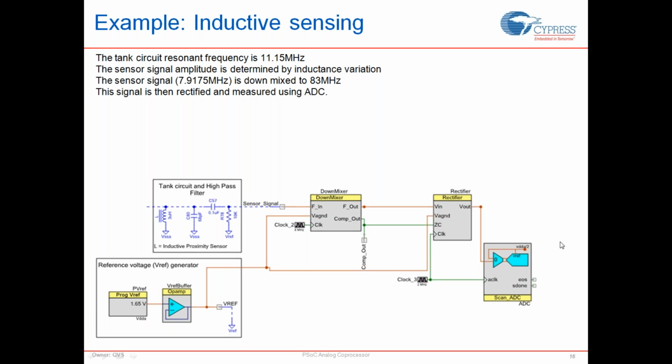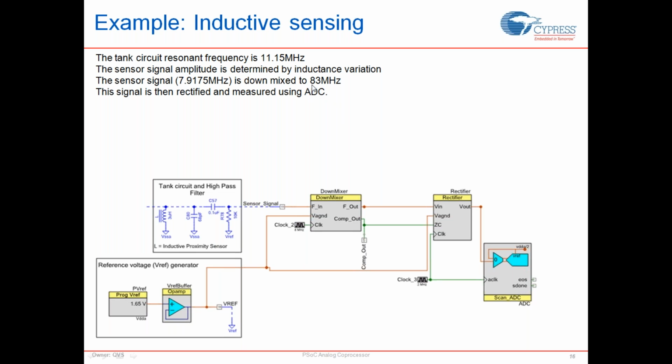So your sensor signal coming in is 7.9175 megahertz, and your local oscillator clock is 8 megahertz. Now your down mixer is going to multiply these two signals together, and it's going to give you a subtraction of those two frequencies. While you multiply in the amplitude domain, you subtract in the frequency domain. So it's 8 megahertz minus the 7.9175.